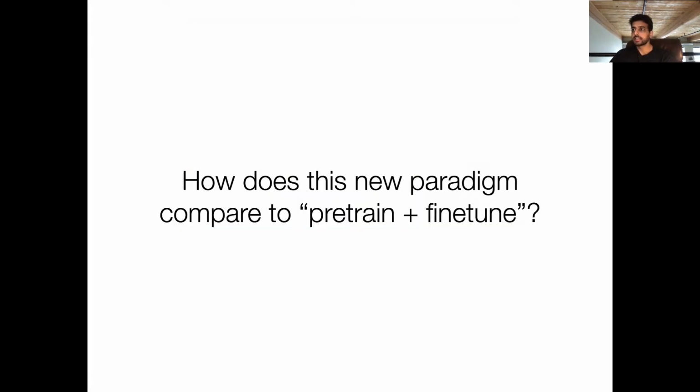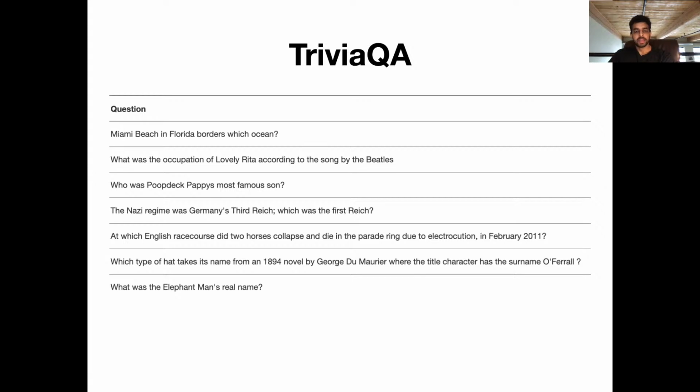All right, so let's get into some comparisons, which I think will answer some of the remaining questions. One of the impressive results in this paper was the result on TriviaQA. TriviaQA is a question answering task where the questions are basically trivia questions, so the answers are mainly entities.